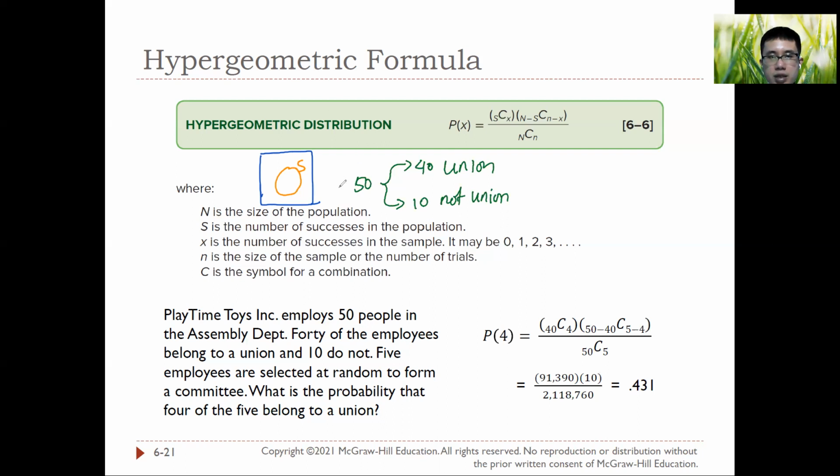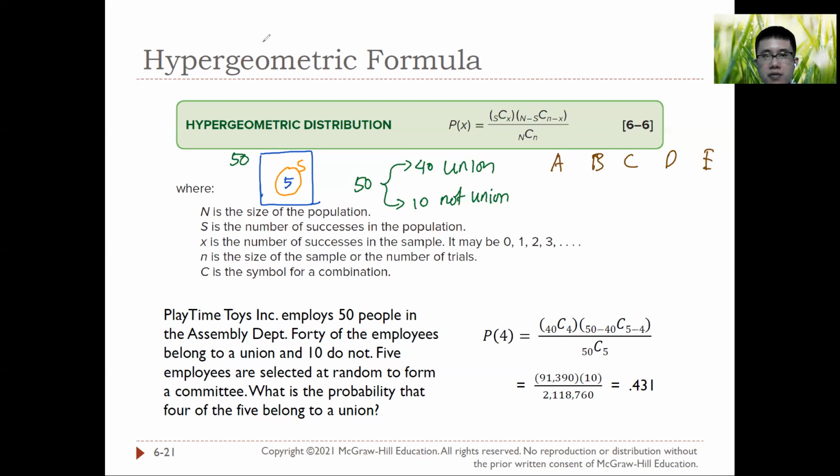And then from this population of 50, we select five employees to be our sample here, only 5. Suppose that we label the 5 employees A, B, C, D, E, and we want to find the probability that 4 of the 5 belong to a union.